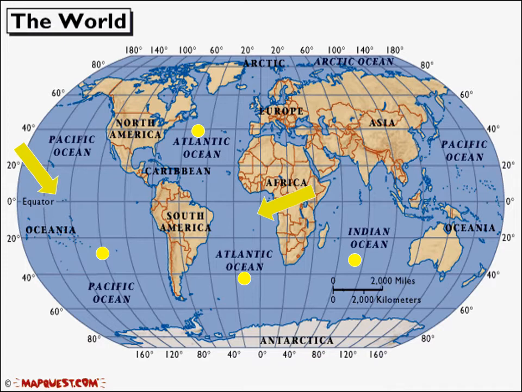The Indian Ocean is in the Southern Hemisphere. The Arctic Ocean is in the Northern Hemisphere, and the Antarctic Ocean is in the Southern Hemisphere.